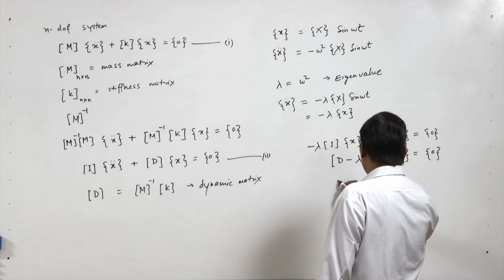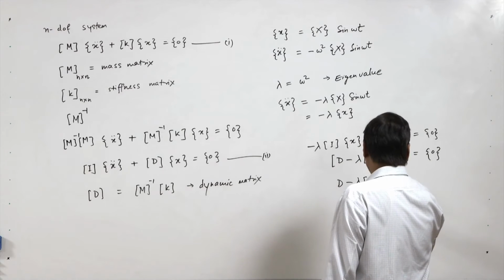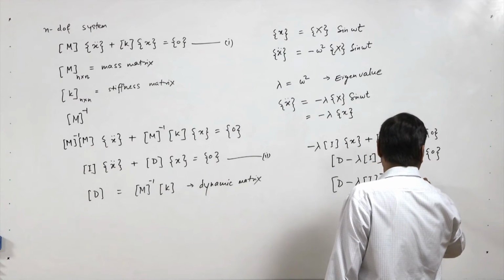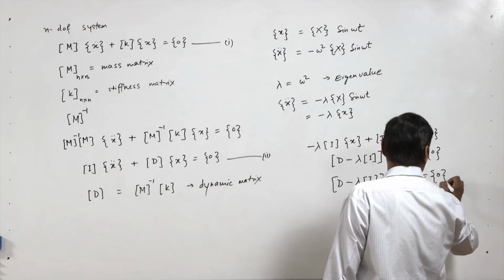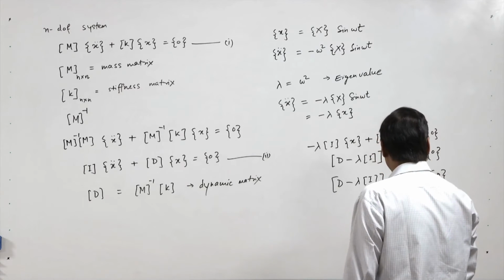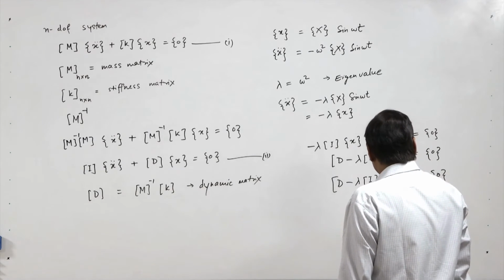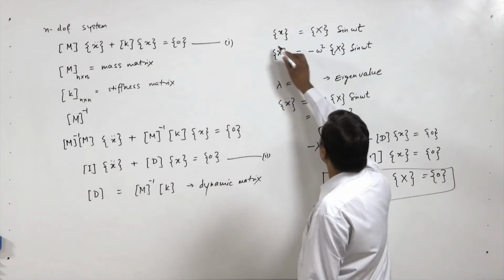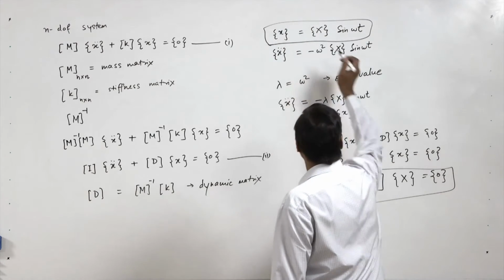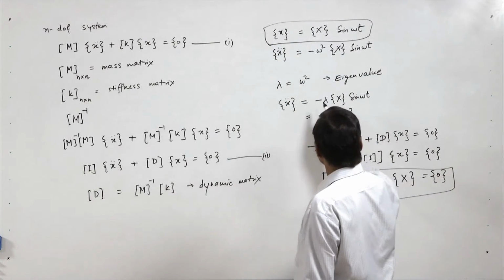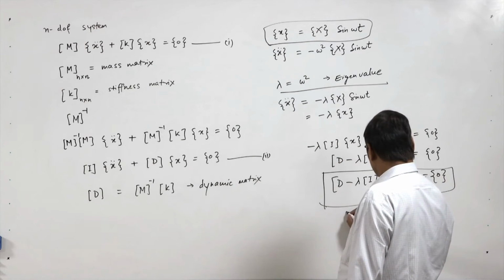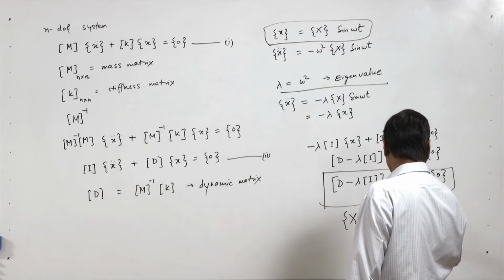So we have D minus lambda I into X equal to 0. So this lambda is the eigenvalue and this X is the eigenvector.